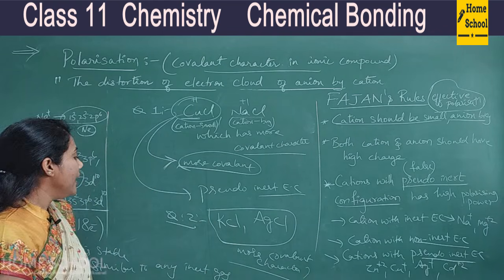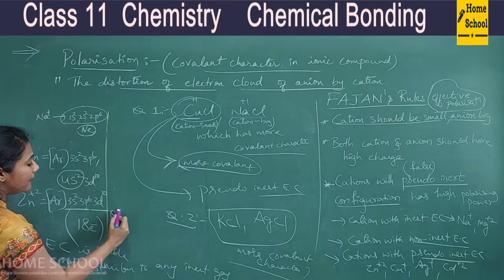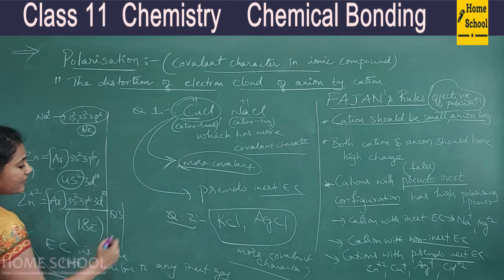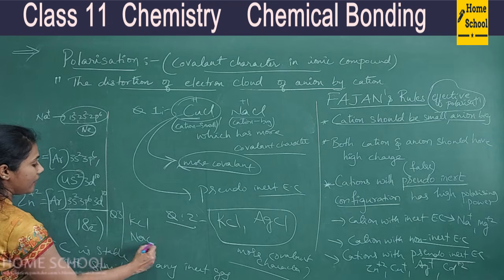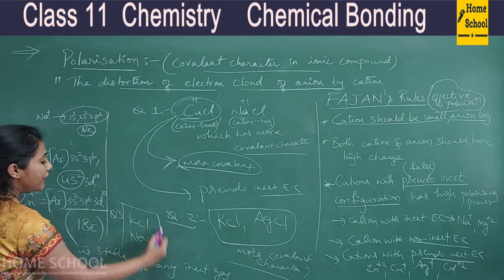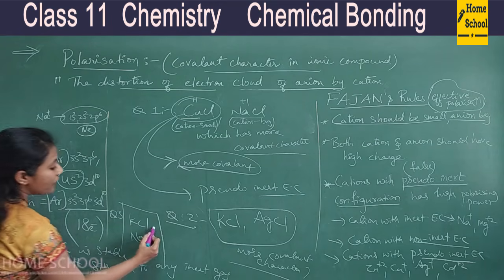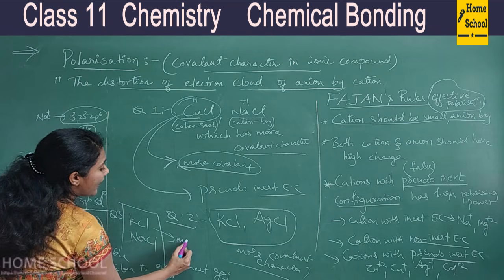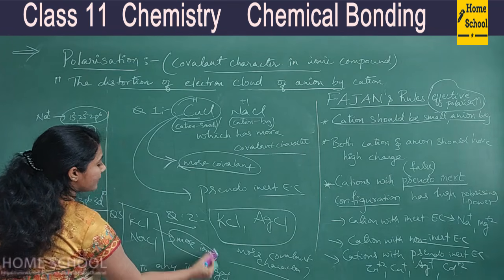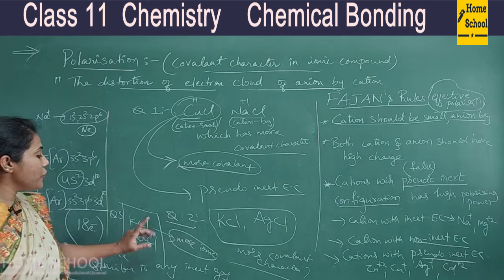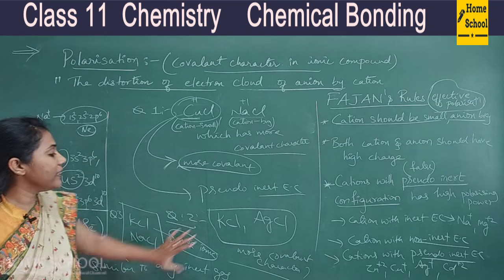Clear? Fine. And another question, number 3, also try to give an answer. KCl, NaCl. Here you tell me which one is more ionic. Which one is more ionic? Based on Fajan's rule, you can work on these questions.